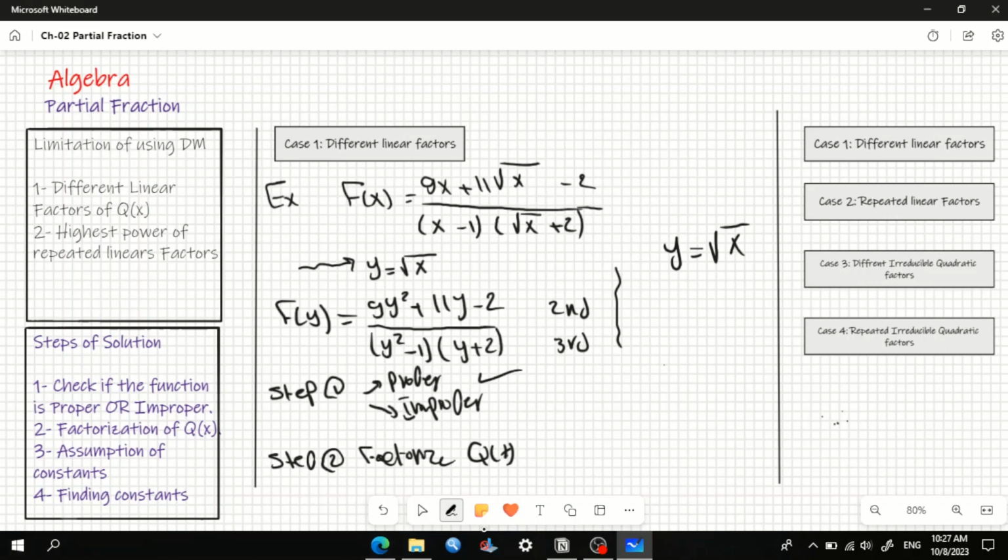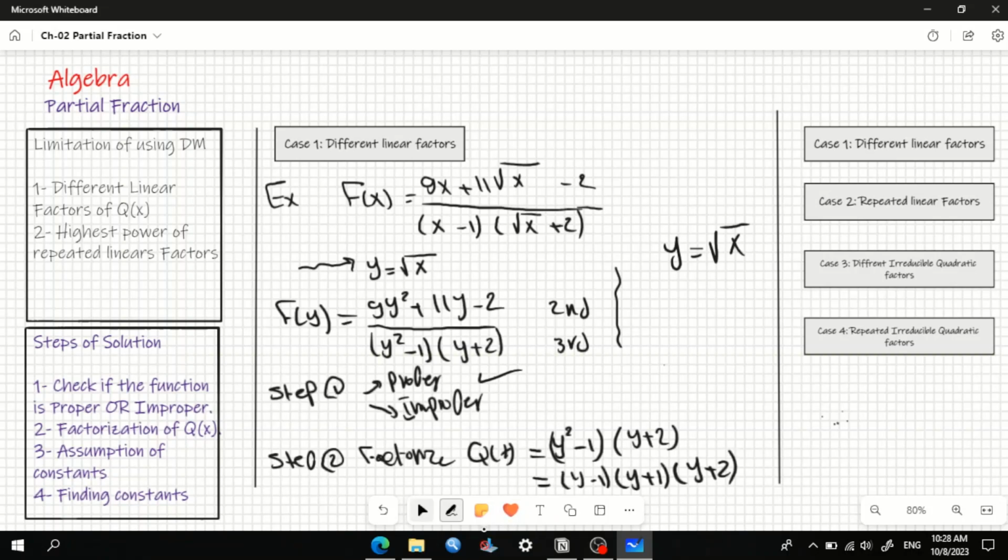So Q of x equals y squared minus 1 times y plus 2, so that will be y minus 1 times y plus 1 after expanding this bracket, and then y plus 2.